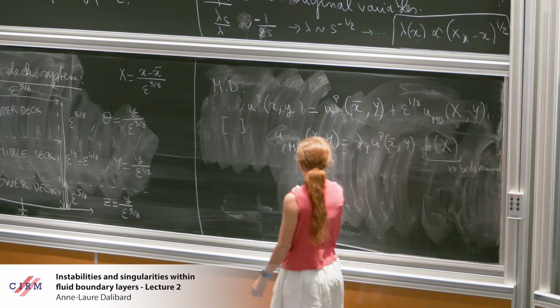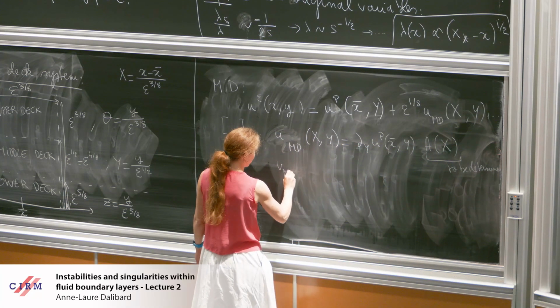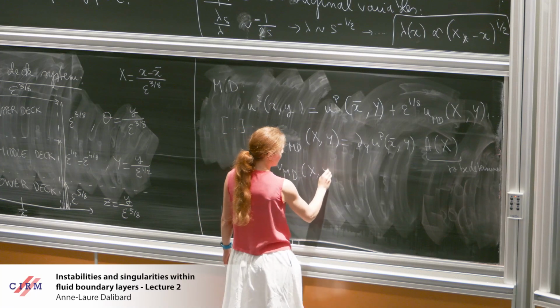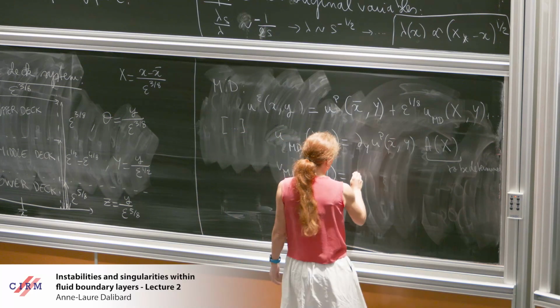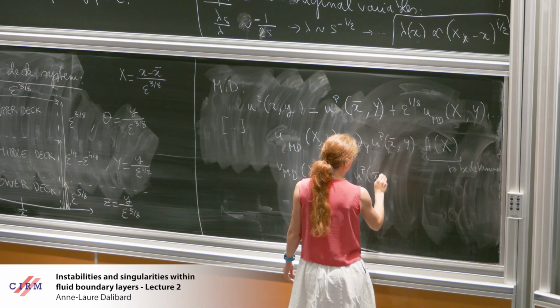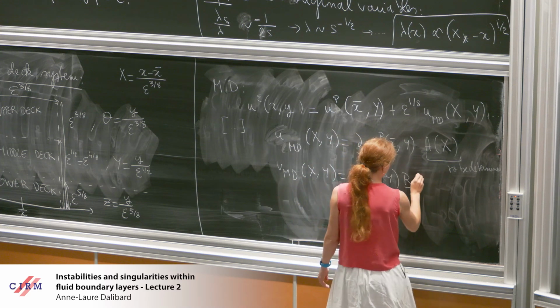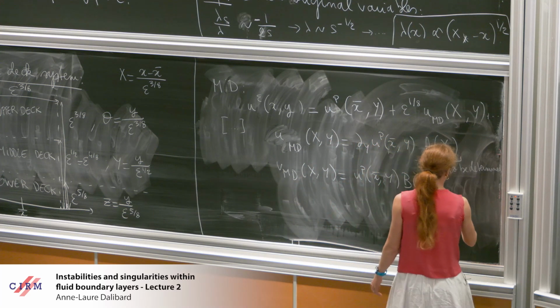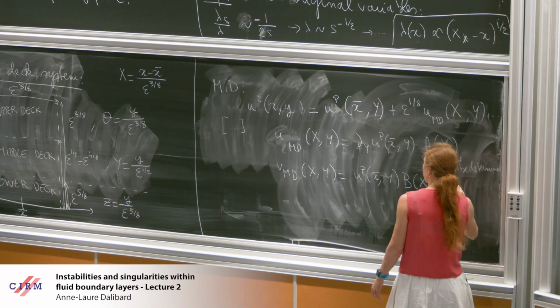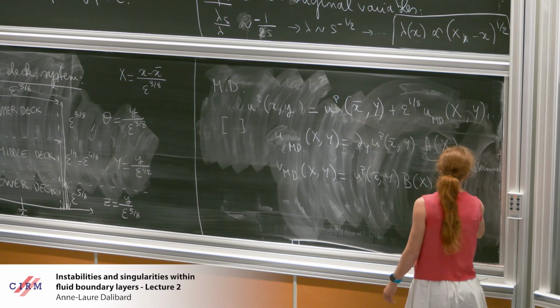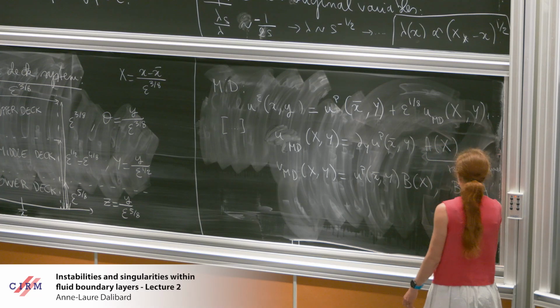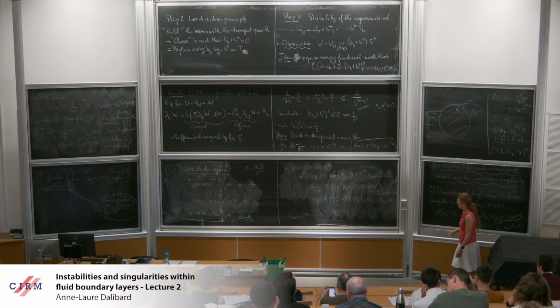Okay, and the normal velocity which is associated to that is u_p of x bar and y times some b of X, and you have b equals minus a prime, okay, in order to have the divergence-free condition.